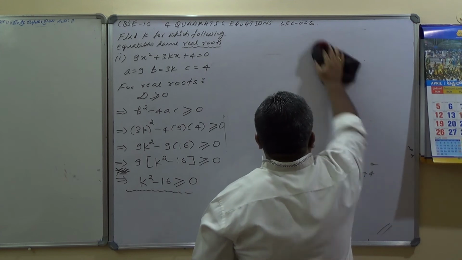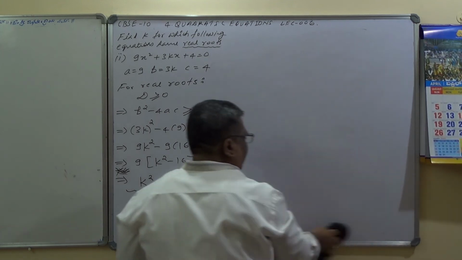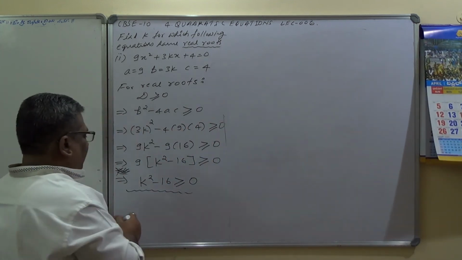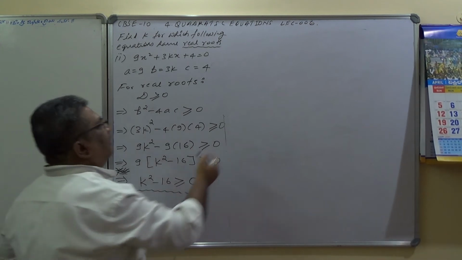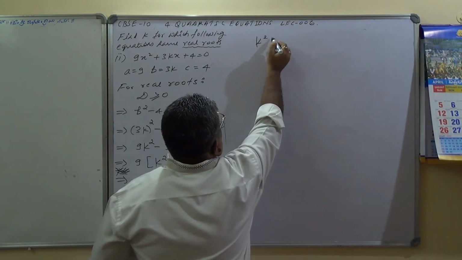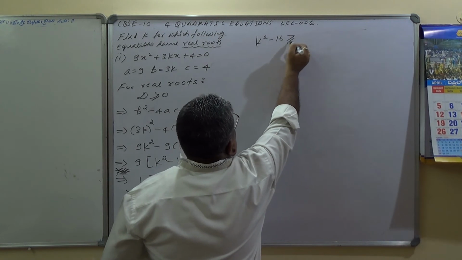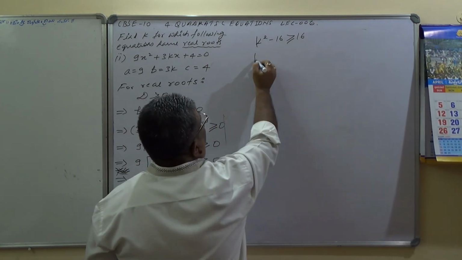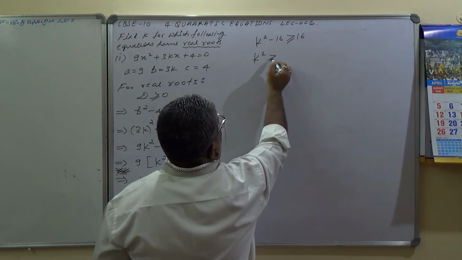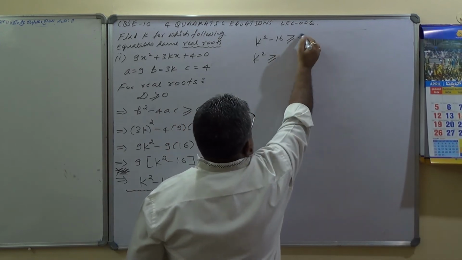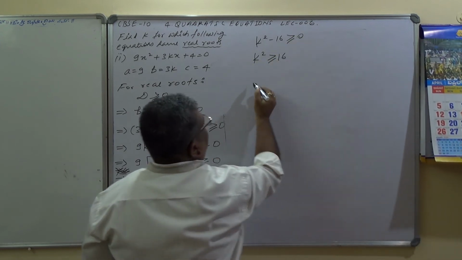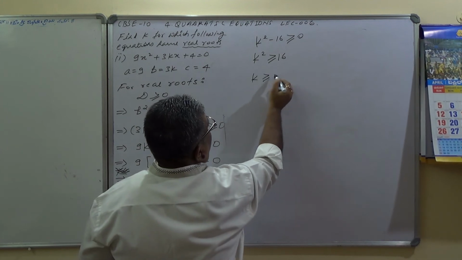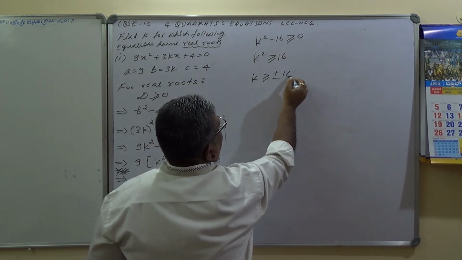Now, give me another 5 minutes, I will explain something. So I have to solve for k here, given k squared minus 16 should be greater than or equal to 0. One more method: k squared should be greater than or equal to 16 on transposing. Therefore, k should be greater than or equal to plus or minus 16.